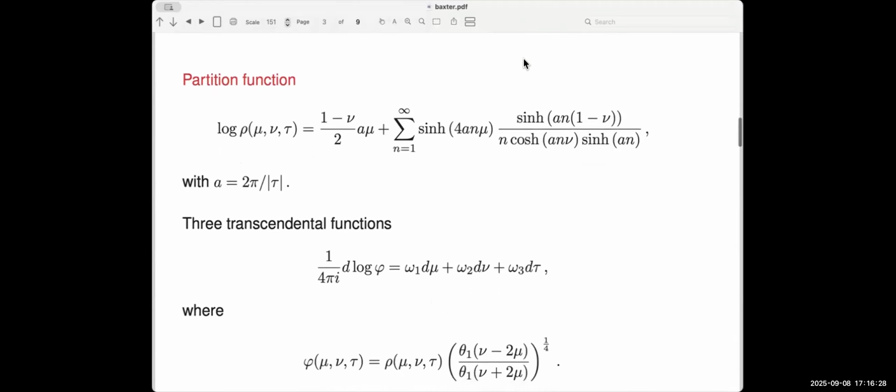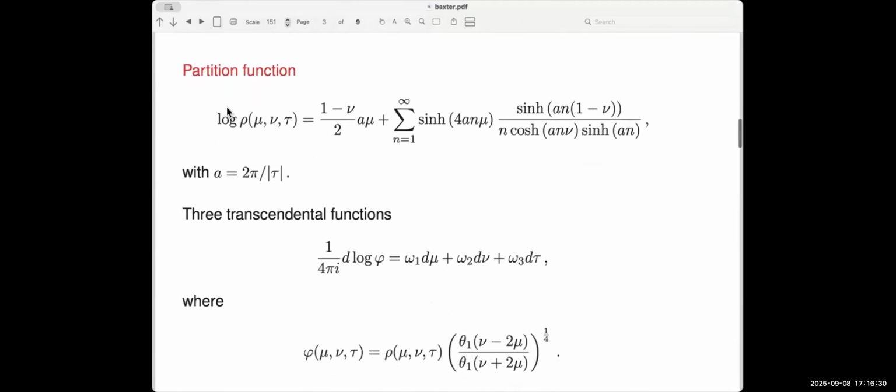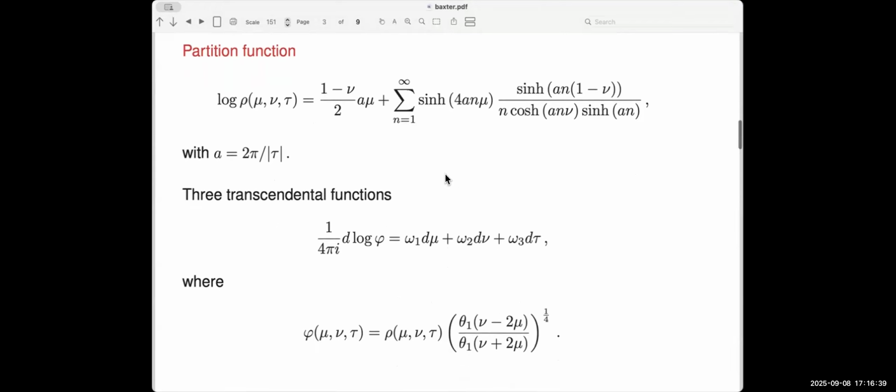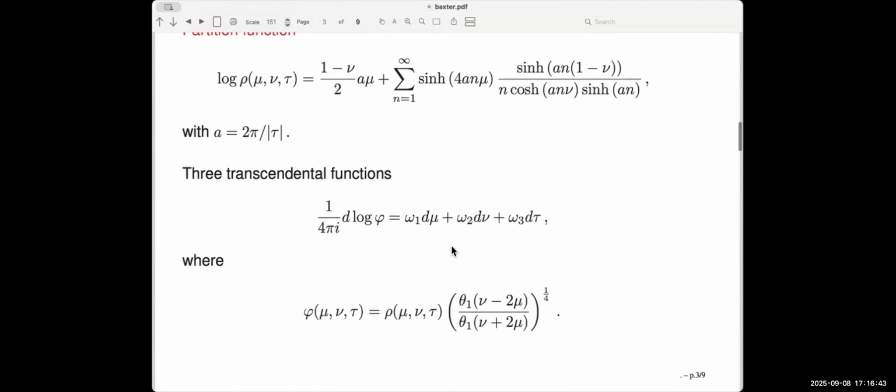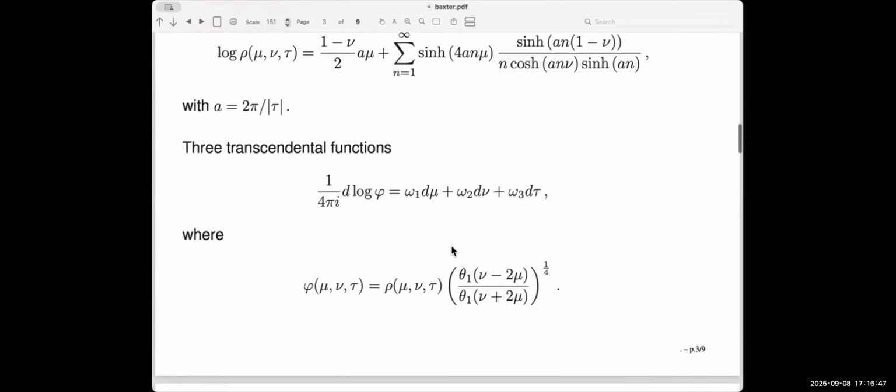One is, we begin with the partition function. The partition function is a result of Baxter. It looks like that. And then using this function, we define three functions, omega 1, omega 2, omega 3.